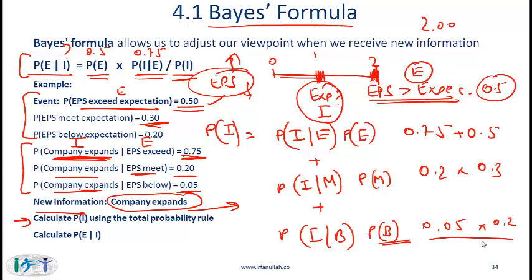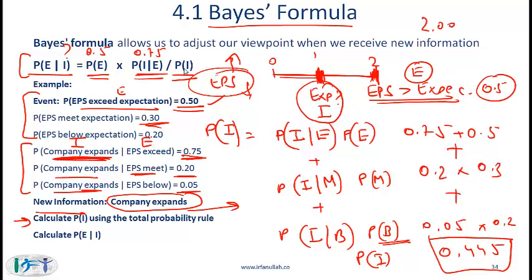You add up all these numbers and what you should get is 0.445. So the probability of I being the information, the probability that the company expands, is 0.445. So this is the unconditional probability that the company expands, and this is the probability that you are actually computing before the information was released.